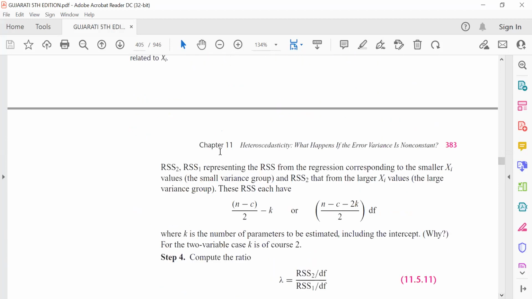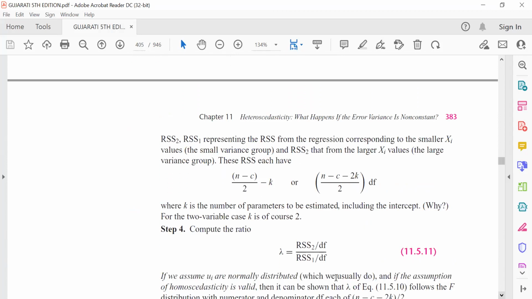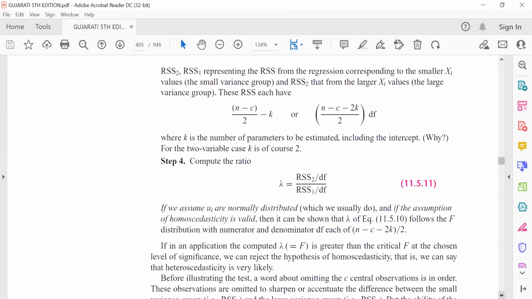Okay, and then we calculate this lambda. Lambda comes from the residual sum of squares of the third part and the residual sum of squares of the first part. We divide it by the degrees of freedom of each equation. Okay, the null hypothesis.